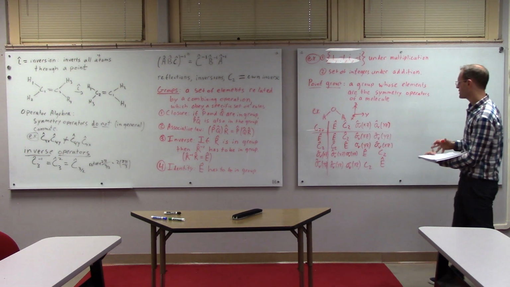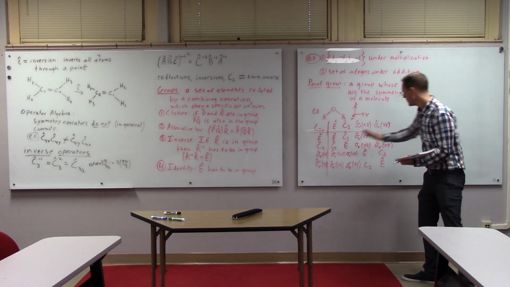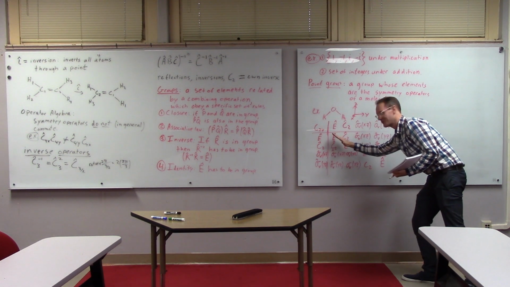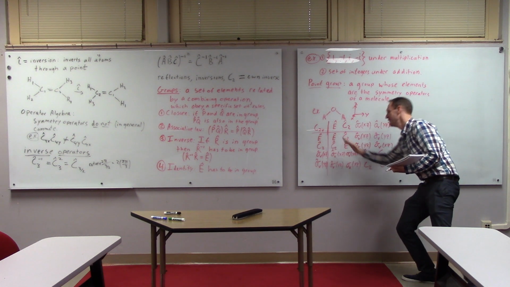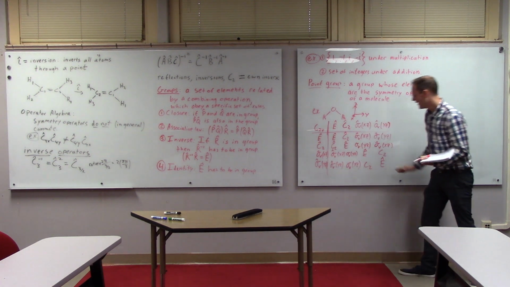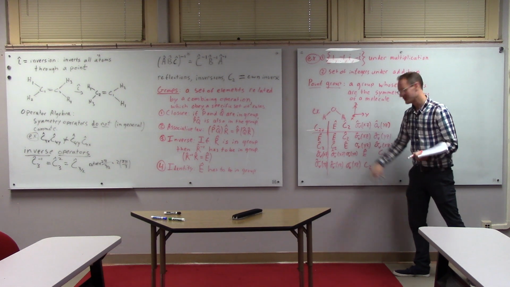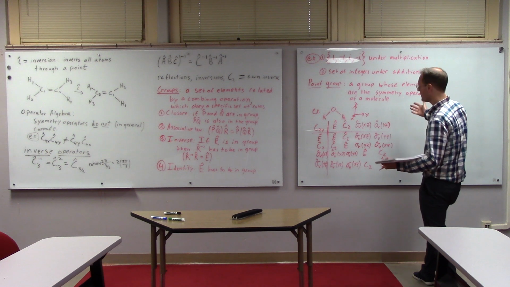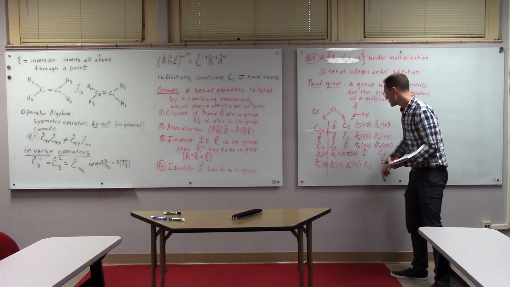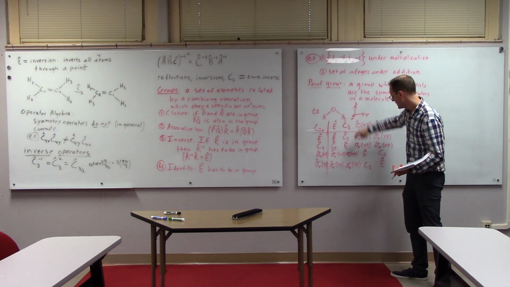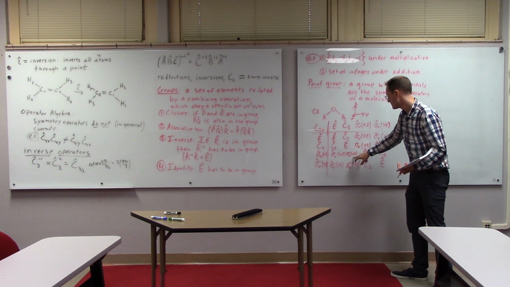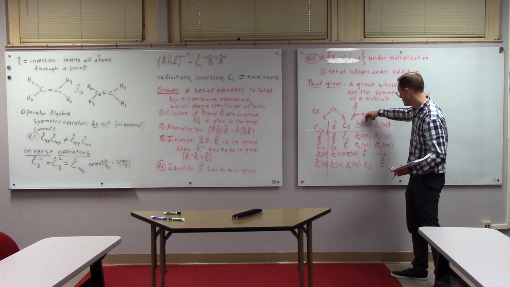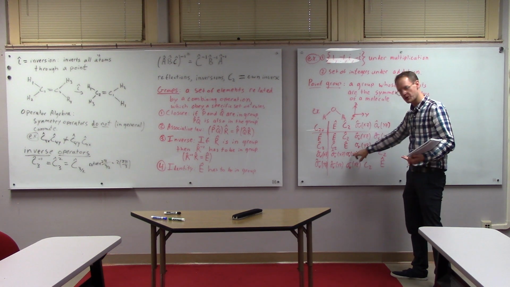But one thing that you'll notice about this table is that the multiplication table is symmetric, right? So if we reflect the multiplication table about the diagonal, then it looks like its own transpose. And so what that tells you is that if you first do a C2 operation and then you do a sigma V XZ, that's the same as if you first do a sigma V XZ and then you do a C2, right? These two elements are the same.